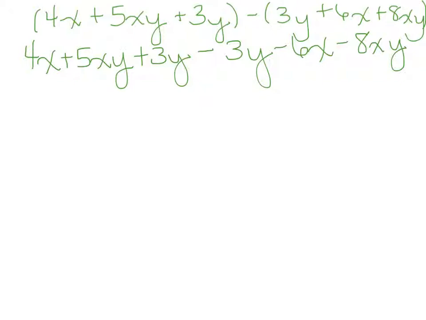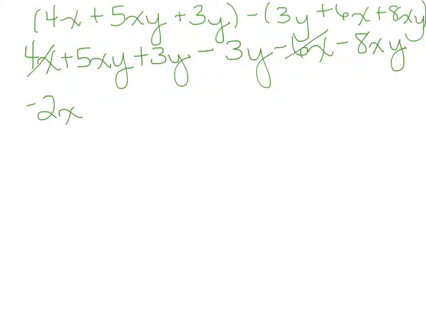Okay, so finding our like terms, we start with 4x. Do we have any x's in this polynomial? Yes, right here. So 4x minus 6x is going to give us negative 2x. Then, cross those off. Now we have 5xy, and we're looking here is a negative 8xy.